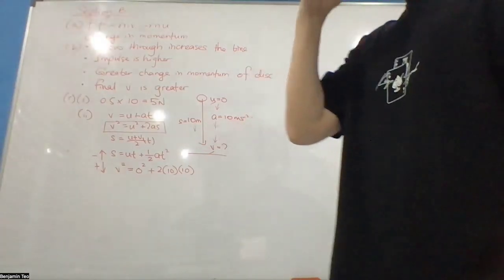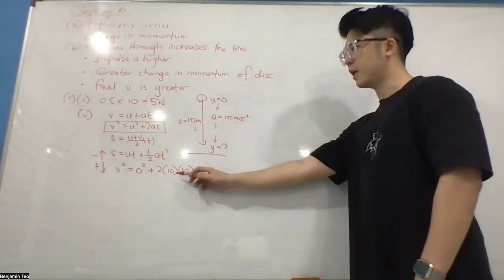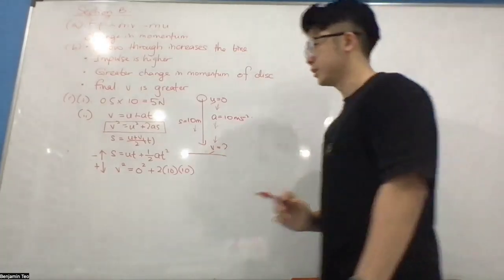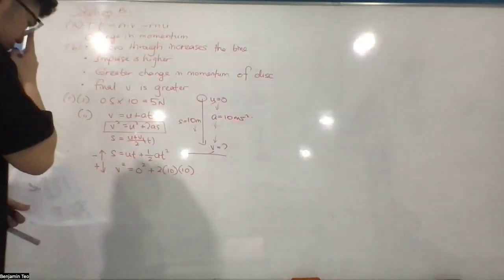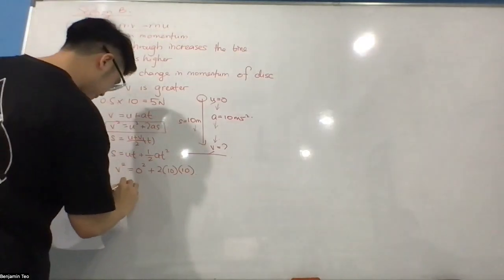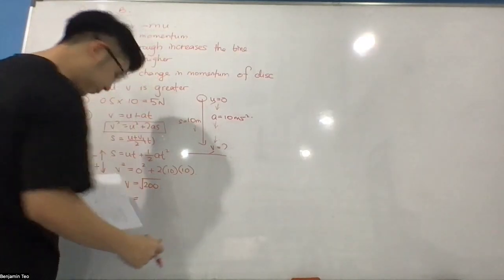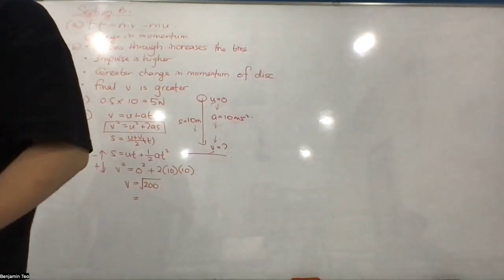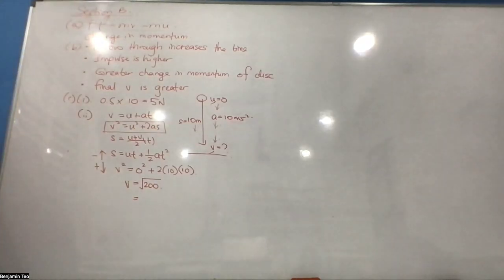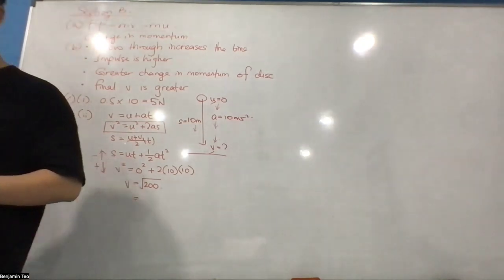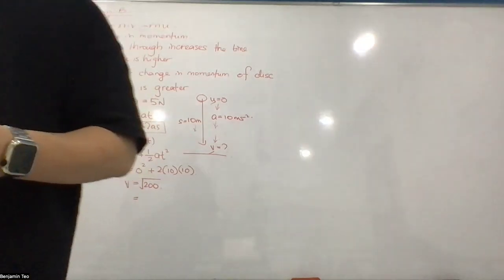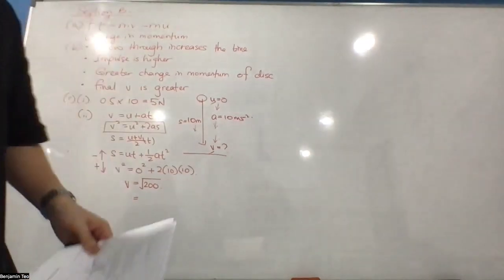So everything is downward. I change the direction down as positive. I don't have the negative here anymore. V equals square root of 200, 14.14.